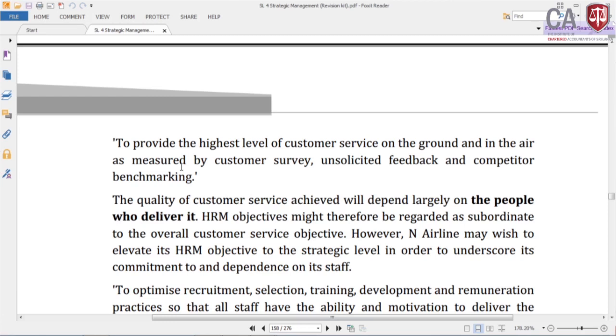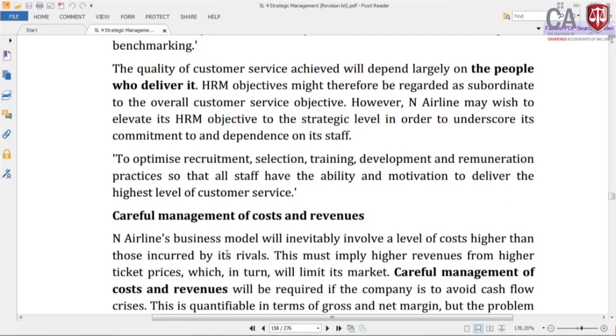However, an airline may wish to elevate its HRM objective to the strategic level in order to underscore its commitment to and dependence on its staff. To optimize recruitment, selection, training, development, remuneration practice so that all staff have the ability and motivation to deliver the highest level of customer service.